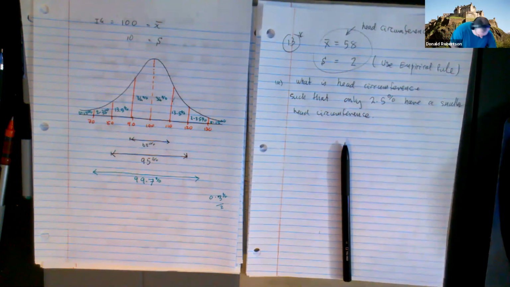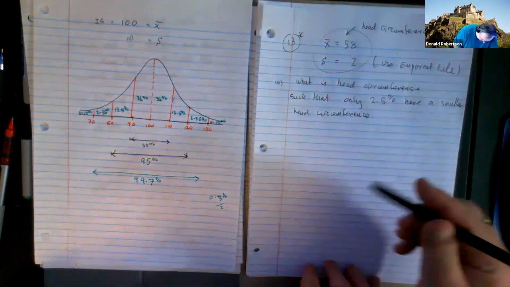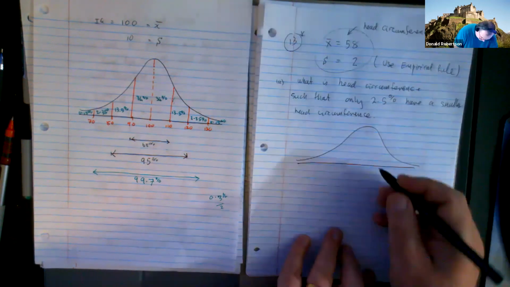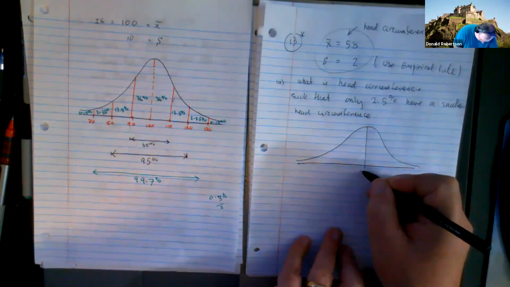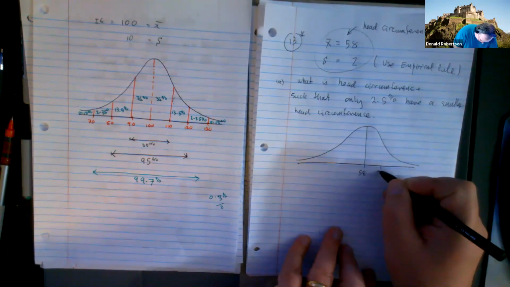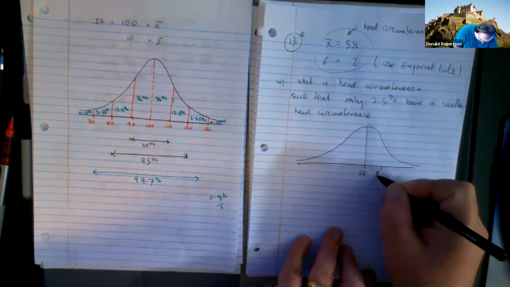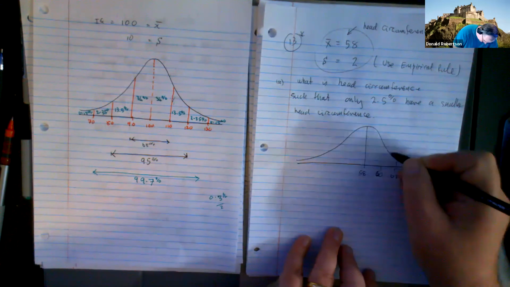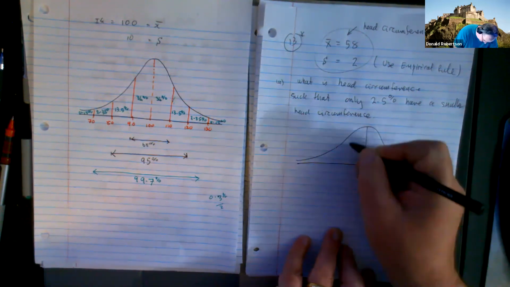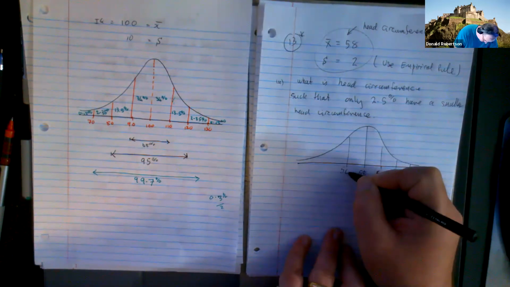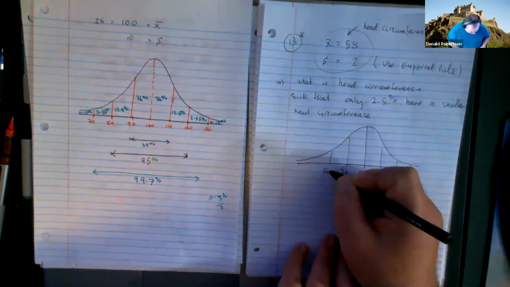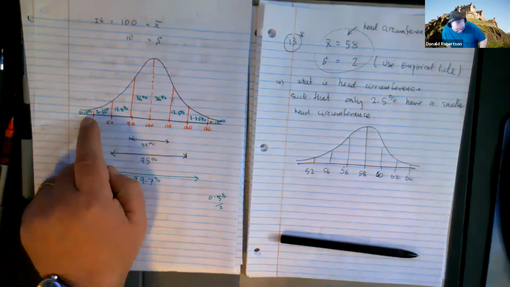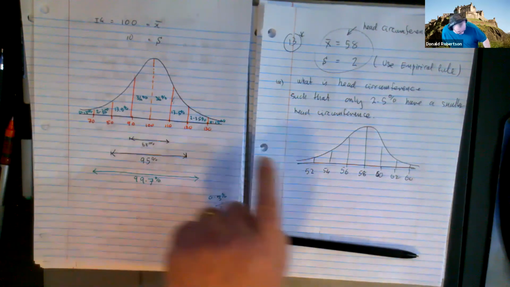Well, we're going to create this table. And we start at the center, which is 58, and we go out. So what's that? 60, 62, 64. And then 56, 54, 52. Since I've already got these percentages here, I'm not going to fill them in here. I'm just going to cheat.